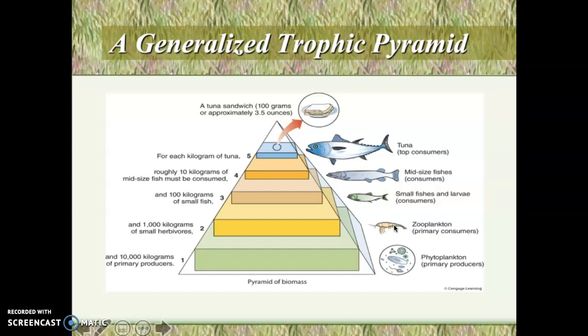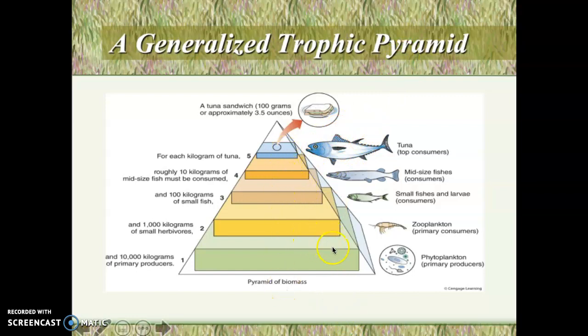Some of the zooplankton are never consumed. And so every time you go up a level, you lose a significant amount of energy. And the pyramid depicts generally how much biomass it takes to support whatever is up at the very top level. So it just gives you an idea of what's going on in the ocean.